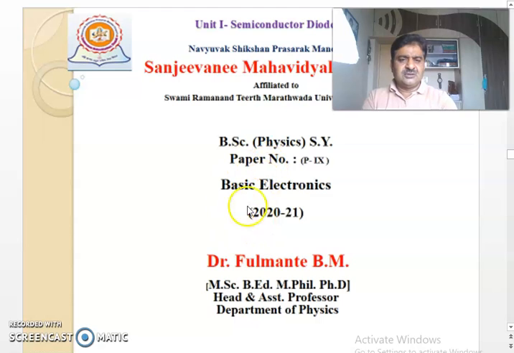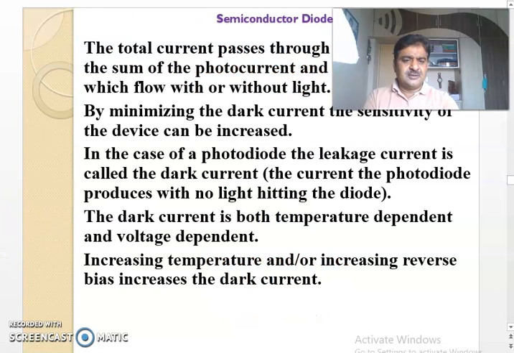In the last lecture we have seen about the photodiode, its characteristics, and how to improve its sensitivity, by increasing temperature or by increasing reverse bias voltage.